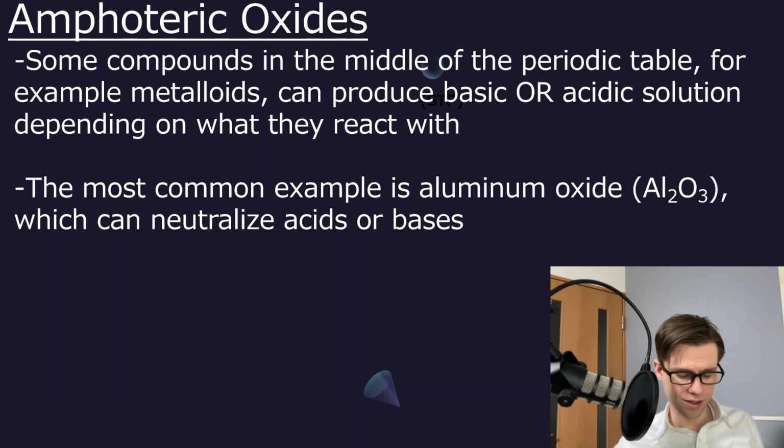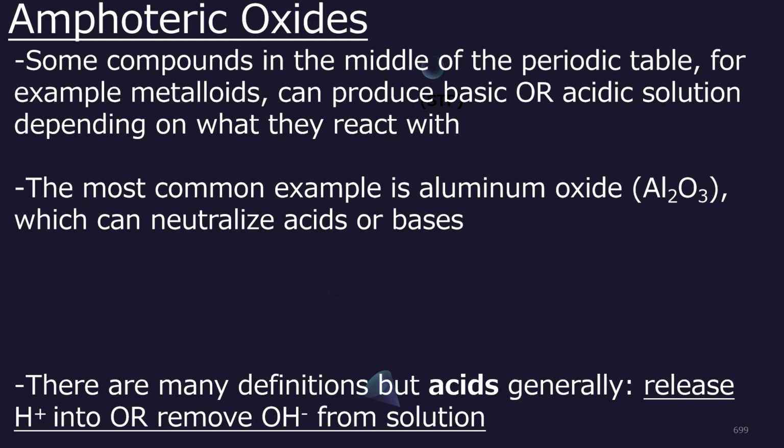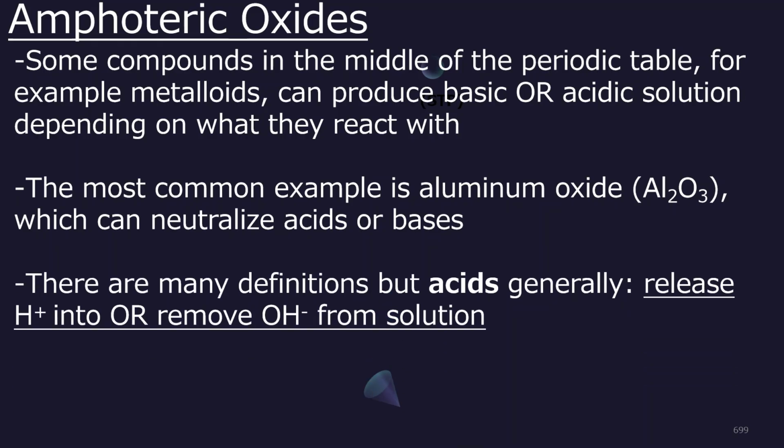This can neutralize acids or bases depending on what is in the solution that it might be placed in. Now, aluminum is actually considered a metal usually, but it's really near that metalloid staircase, so it's near the shifting position of metals and nonmetals.